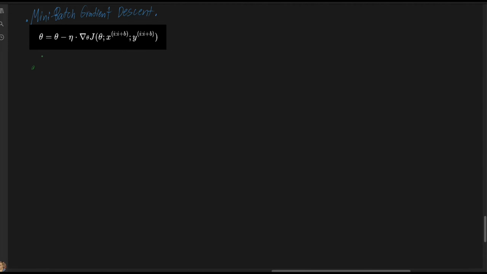So it is between batch gradient descent and stochastic gradient descent.